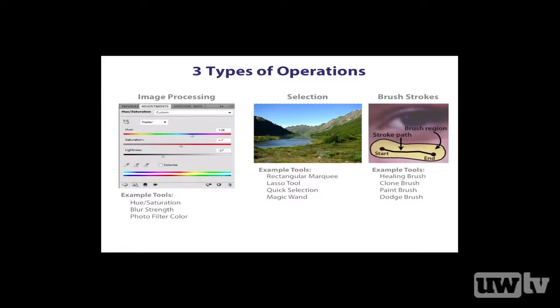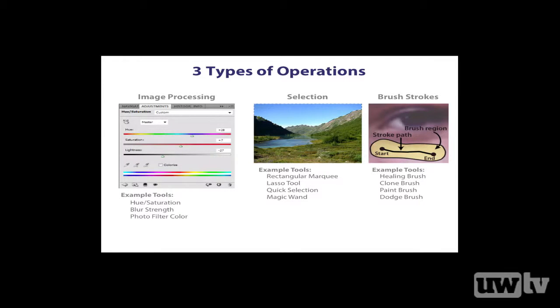Photoshop provides access to a wide variety of operations. One of our main observations is that all of these operations fall into three main classes. There are image processing operations that modify all the pixels within a selection, such as the blur filter, for example. There are selection operations to specify an image region. And there are brushstroke operations that select a region and modify the pixels within it.